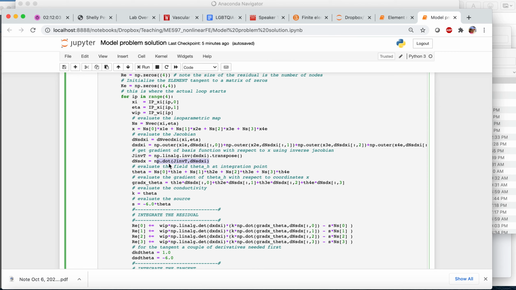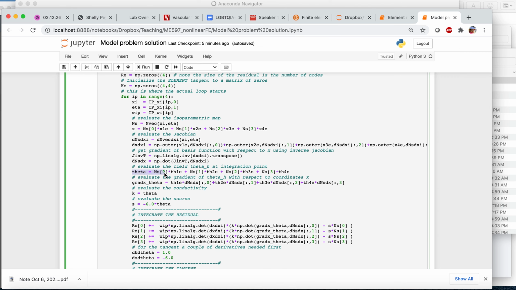Just multiply J to the minus transpose times this derivative of the shape functions with respect to the xi variables, and that gives me the derivatives with respect to x. Once I have the derivatives with respect to x, I can evaluate this gradient of theta with respect to x, which is what I want.